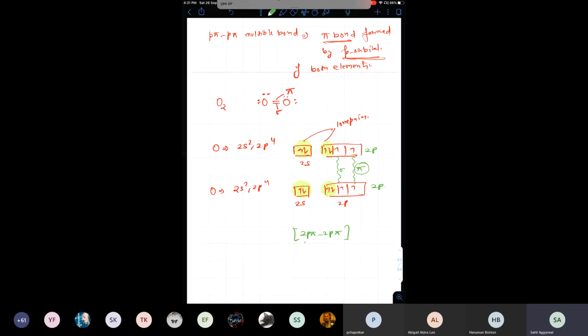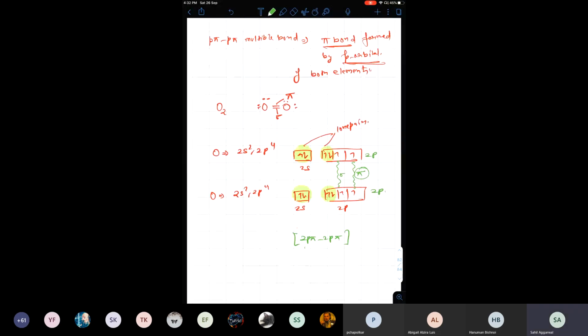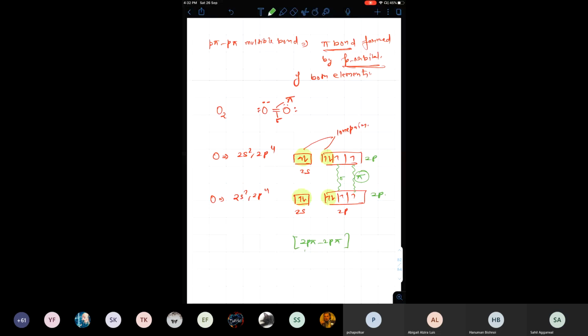So whenever you have to say that oxygen shows p pi multiple bond, you can draw all this. The more you show the chemical bonding in the p block chapter, the more valuable your answer becomes. Whenever you give reasoning in p block, try to use chemical bonding, then it will be very good. All of you have copied this.